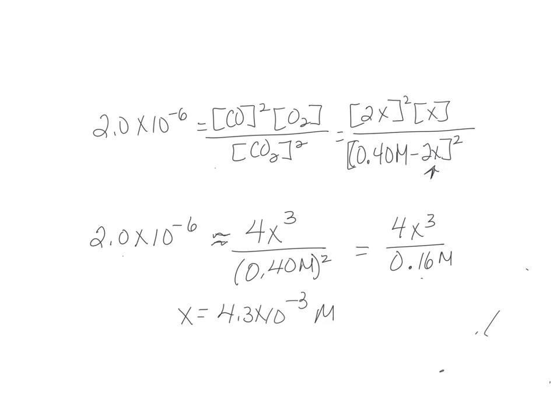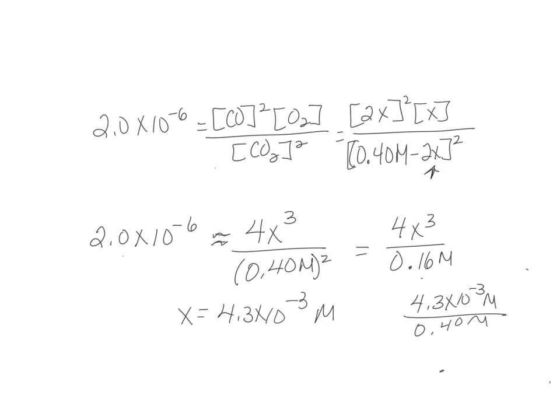Now we need to do our check to make sure we are within 5%, because if it's outside of 5%, we would have to use the quadratic equation. So you take your 4.3 times 10 to the minus third molar over your initial concentration, which was 0.40 molar.